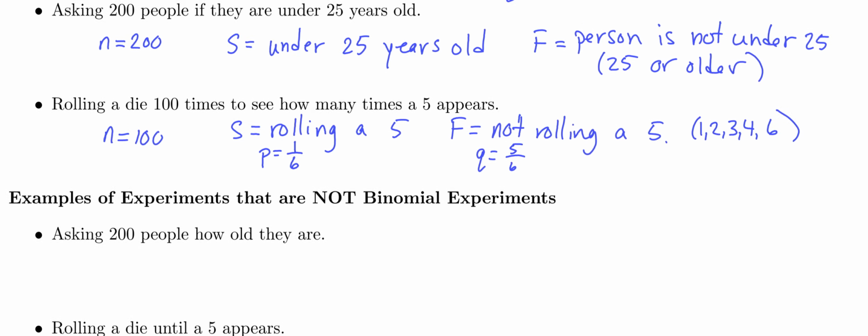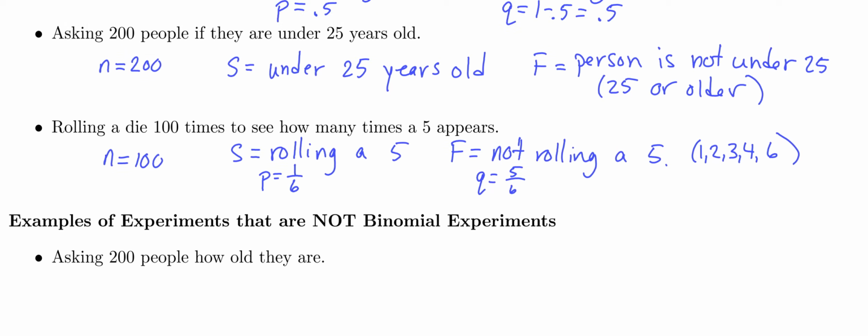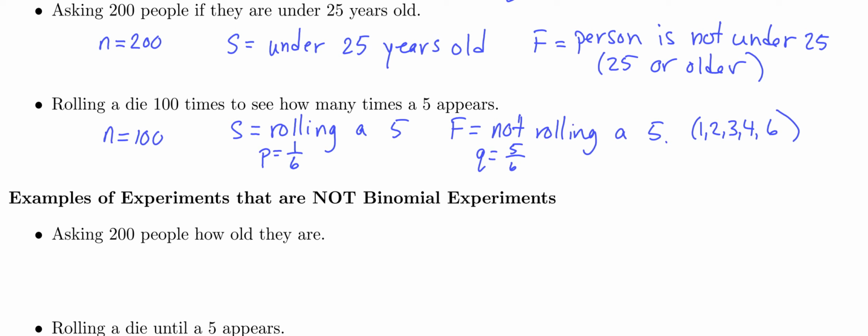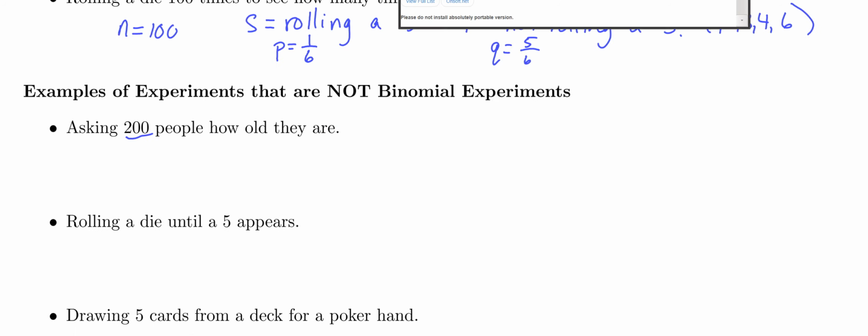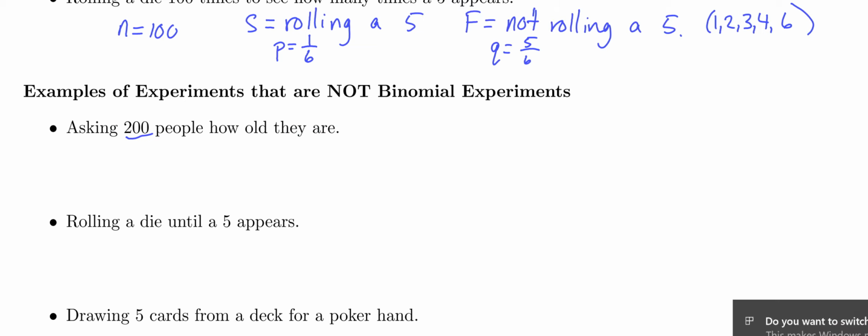Let's look at a few examples that are not binomial experiments. For example, asking 200 people how old they are. In this case, we do have a fixed number of trials, but we do not have anything that we can determine success or failure.